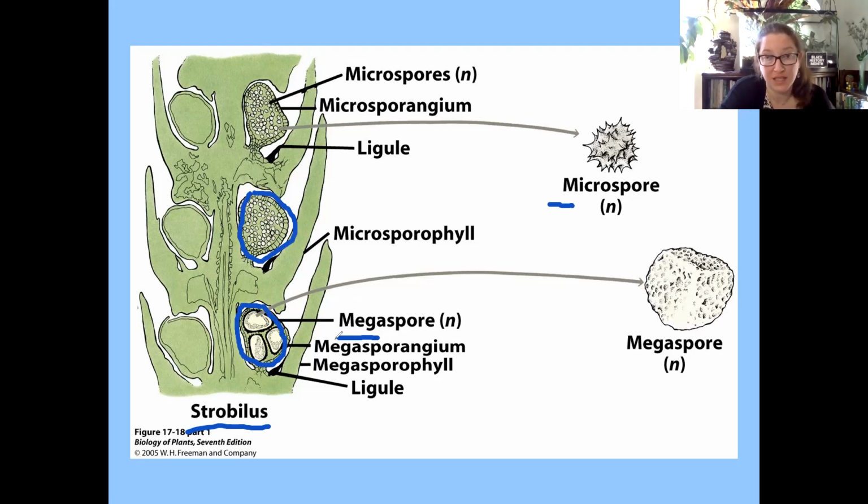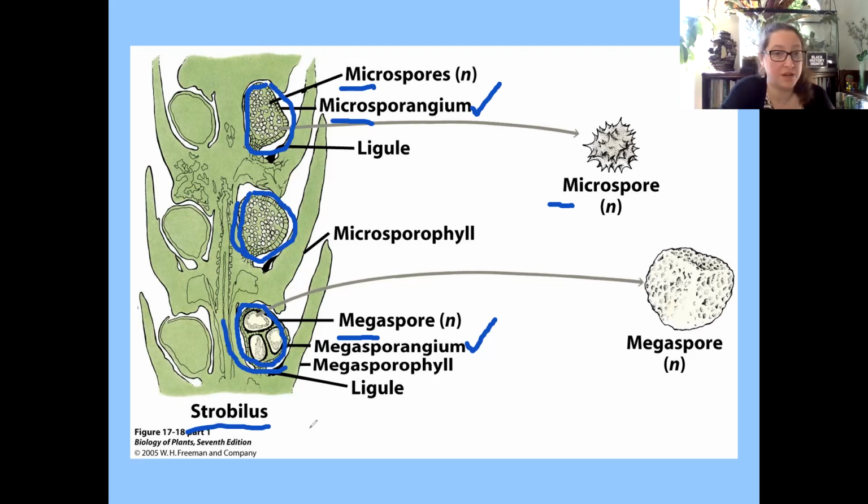Because this sporangia has megaspores inside, we can call it a megasporangium. Because this sporangium has microspores inside, here's another one up here, we can call it a microsporangium. Oh, here it says microspores up here. I didn't see that because my annotation thing's in the way.